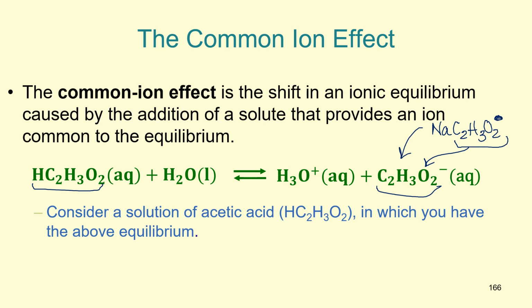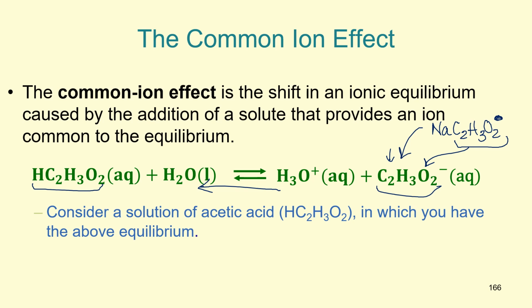Well, just think in terms of equilibrium. What's going to happen if you add some of the common ion? It's going to shift equilibrium to the left. So what's going to happen to the concentration of H3O plus? It's going to go down, meaning the acid will dissociate less, which means the pH will be higher. It'll be less acidic.